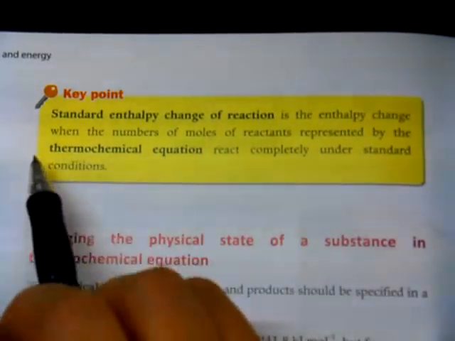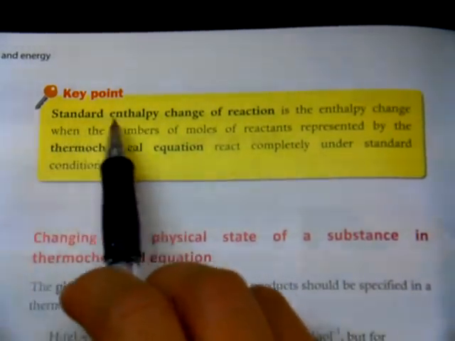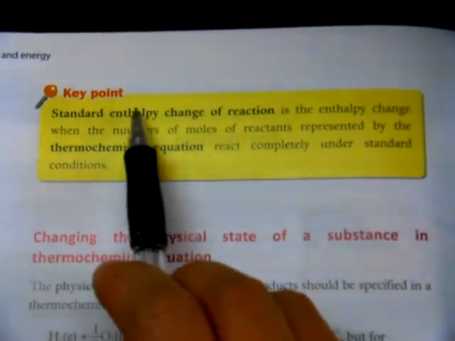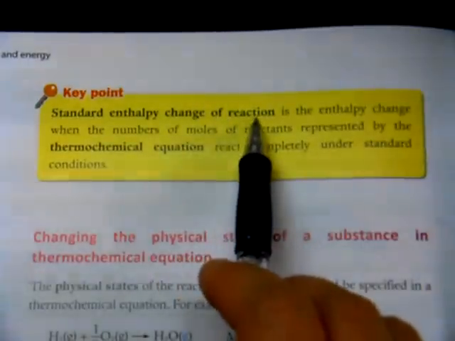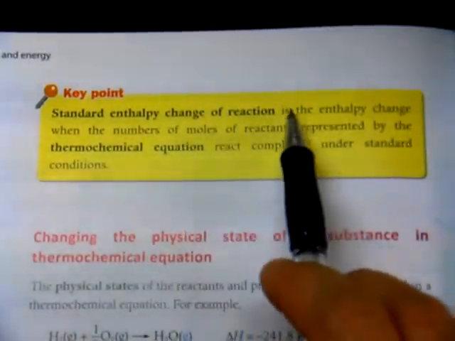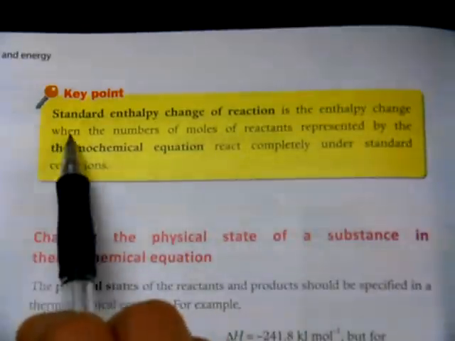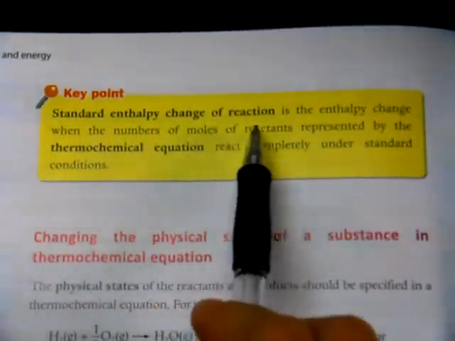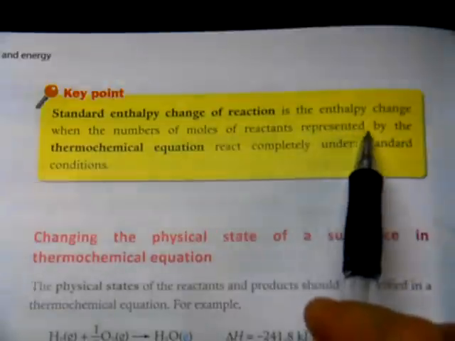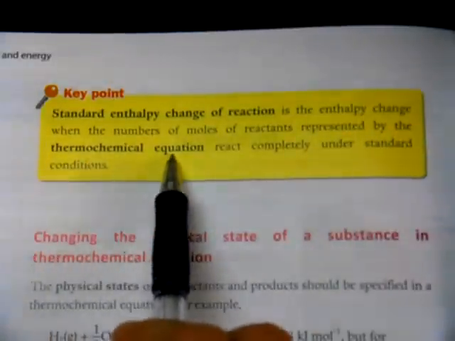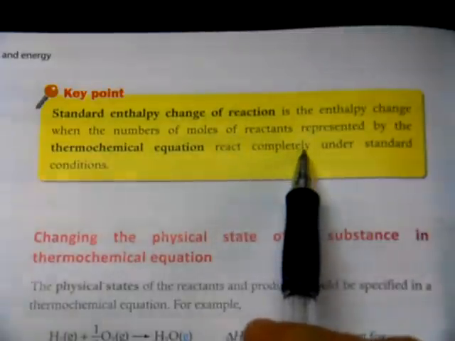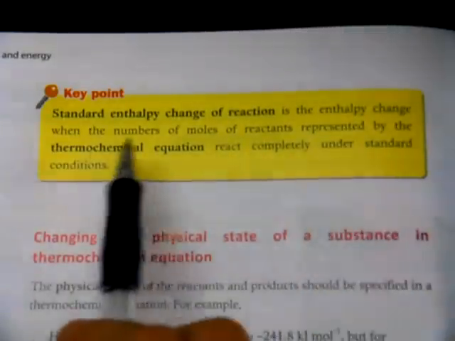Now, actually, we are talking about this definition, standard enthalpy change of reaction. It is the enthalpy change when the number of moles of reactants represented by the thermochemical equation react completely under standard conditions.